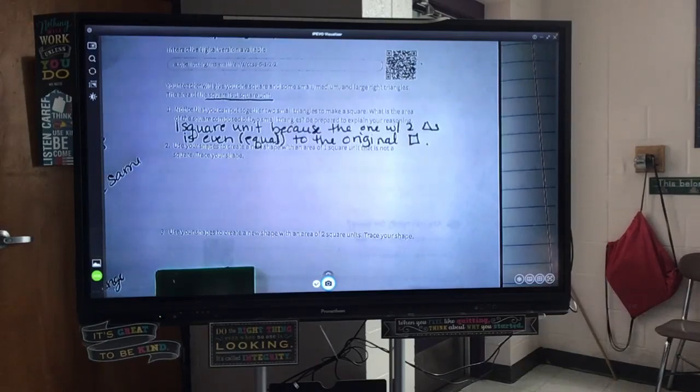Yeah, but that's not a square. It's 1 square. No. What does it say? It's got to equal 1 square unit.